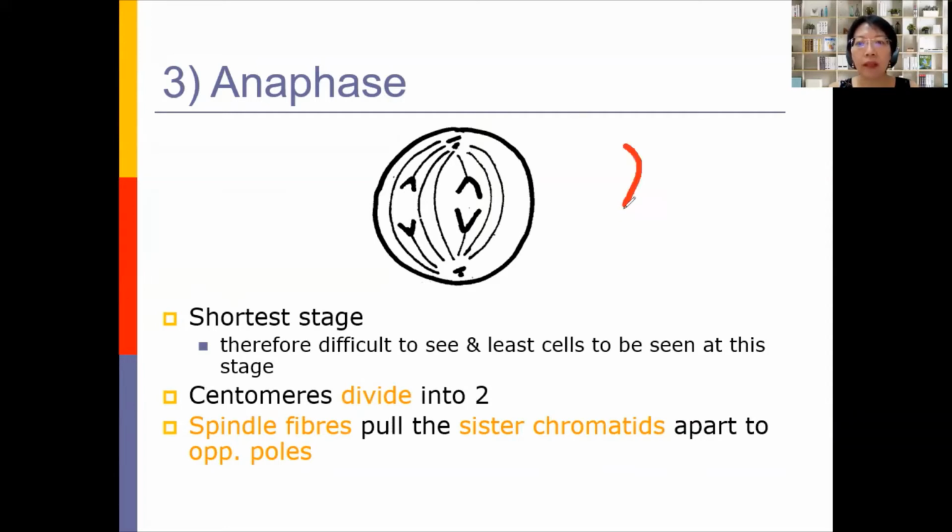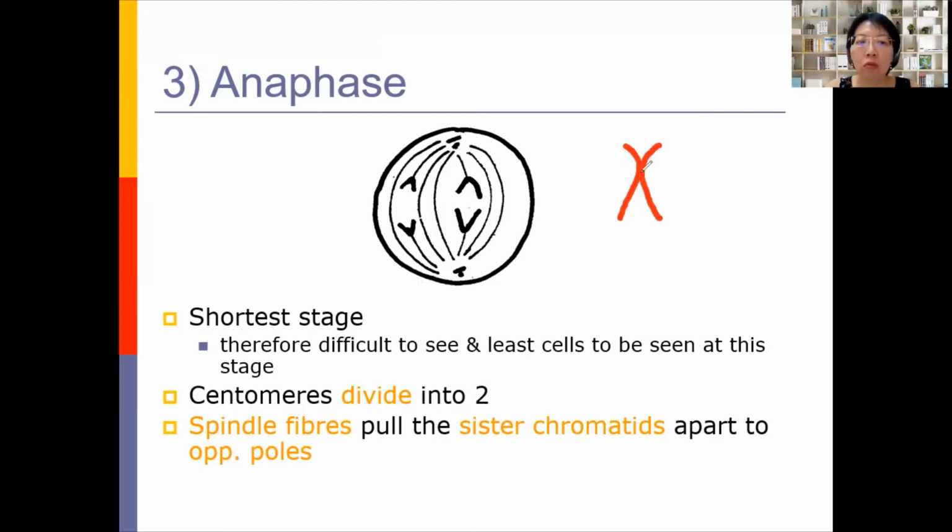If these are my sister chromatids attached to each other, during anaphase the centromere will have to divide. Divide means the sister chromatids will split, because the centromere is a region where the two chromatids are held together by certain bonds, like they're holding hands. There are a lot of bonds that hold them together.